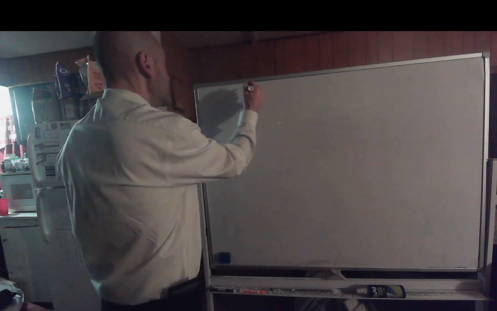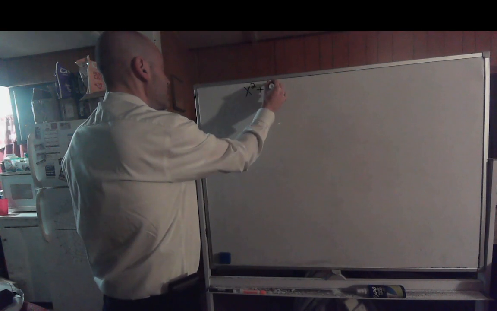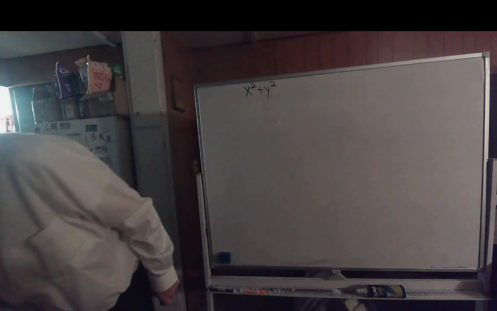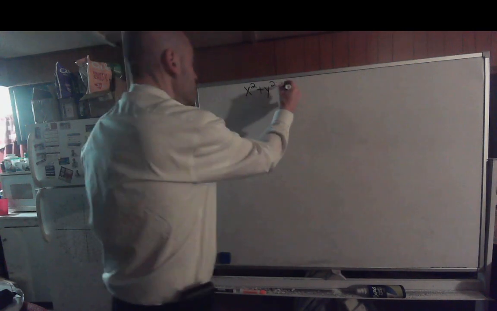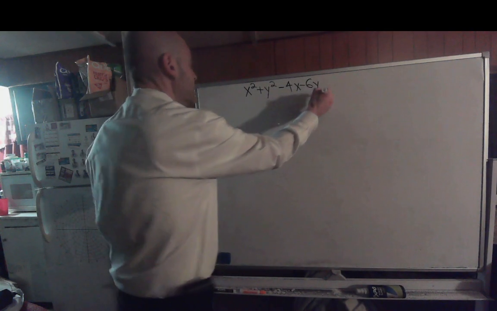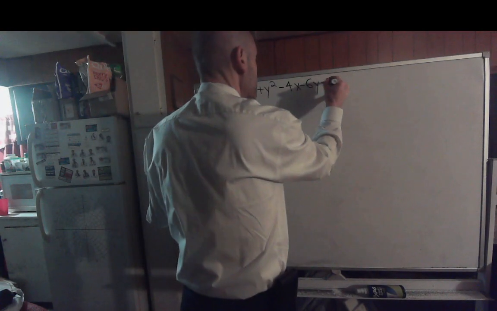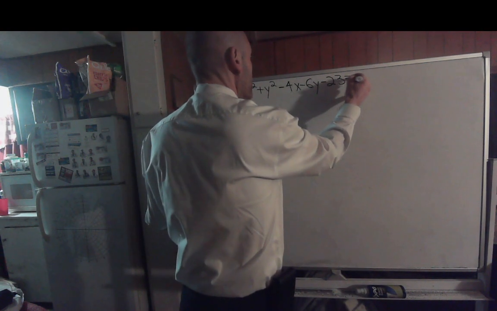Alright, next. X squared plus y squared minus 4x minus 6y minus 23 equals 0.